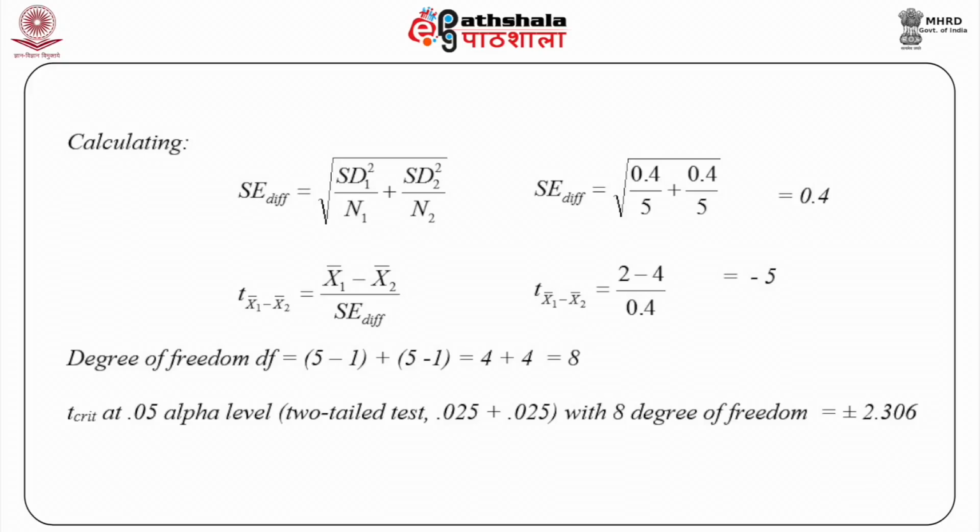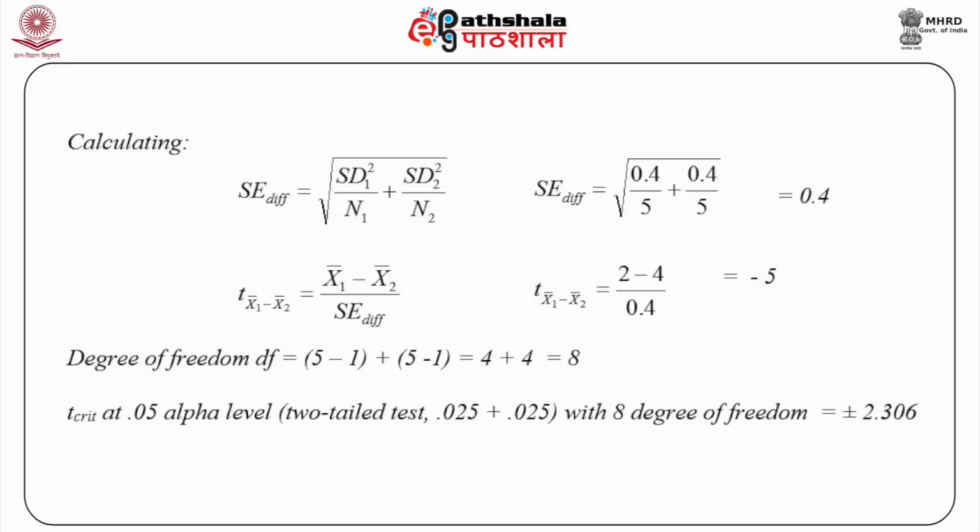The degrees of freedom is 5 minus 1 plus 5 minus 1, that is 8. The t critical at 0.05 alpha level for a two-tailed test with 8 degrees of freedom is found to be plus or minus 2.306.